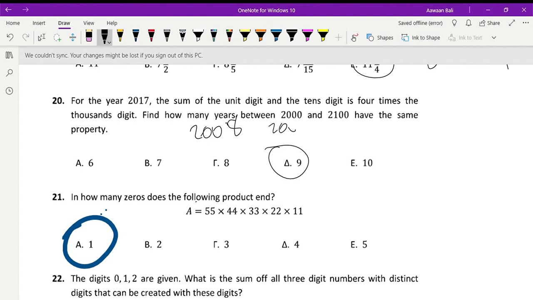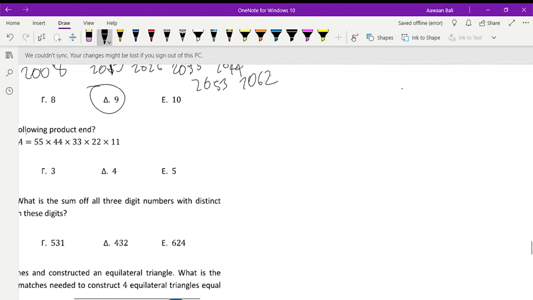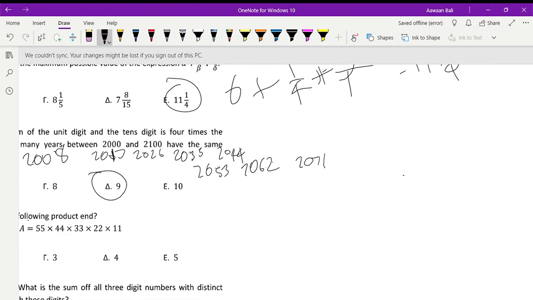So 2008, then we have 2017, 2026, 2035, 2044, 2053, 2062, 2071, and 2080.